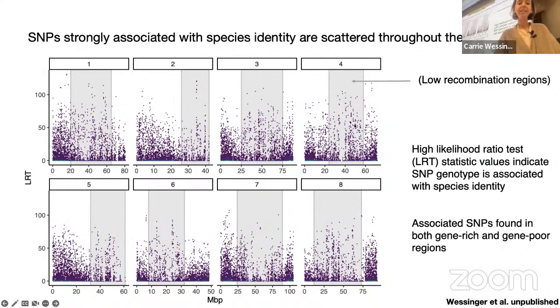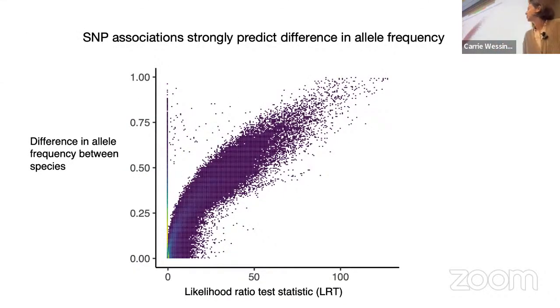And we know that these SNP associations are strongly predicting differences in allele frequency between the two species. So the SNPs with the highest likelihood ratio test statistic are nearly fixed between the species.